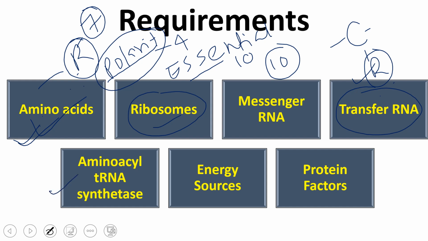So this is amino acid specific, means we are having 20 amino acids, so we require 20 amino acid tRNA synthetases. For every single amino acid we are having a specific synthetase enzyme.